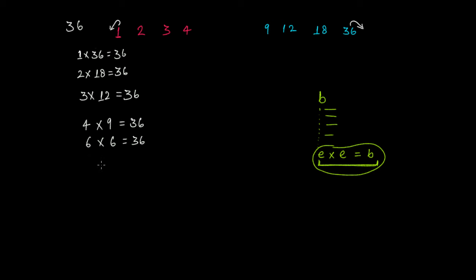You don't need to check for 7 or for 8, because those numbers will not be factors. Just write 6 here once. Whenever you reach this scenario, where e times e is equal to b, or here 6 times 6 is 36, just stop here. And this is the final list of all the possible factors.